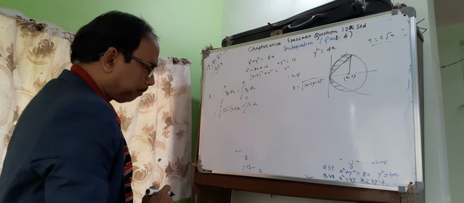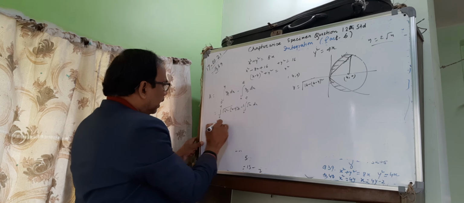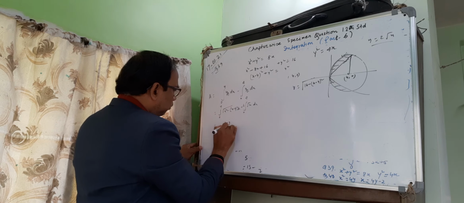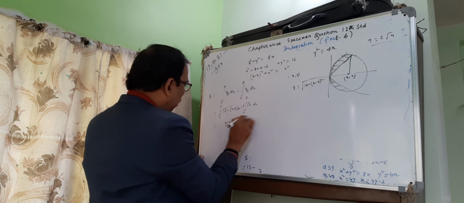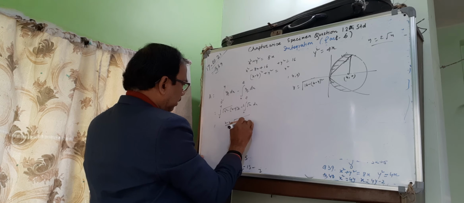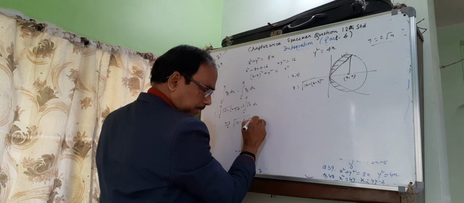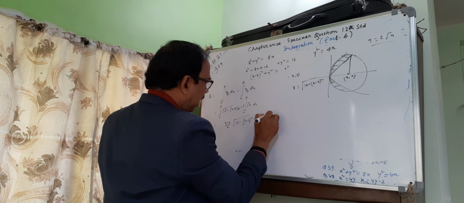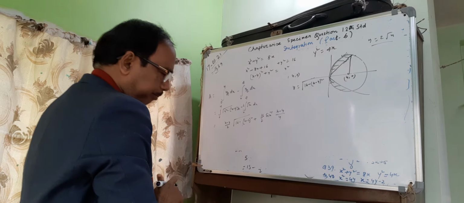You know the formula: 0 to 4, (x minus 4) by 2 times root over of 16 minus (x minus 4) whole square, plus a square by 2, that is 16 by 2 sine inverse of (x minus 4) by 4.